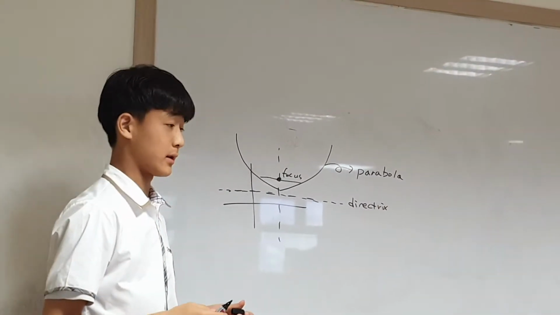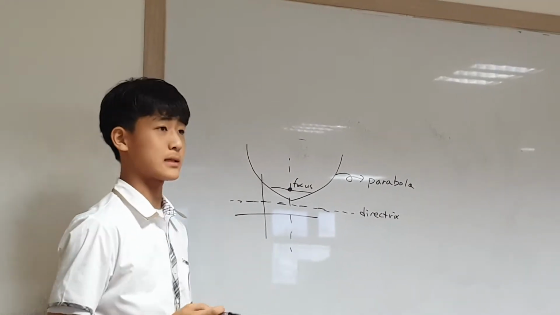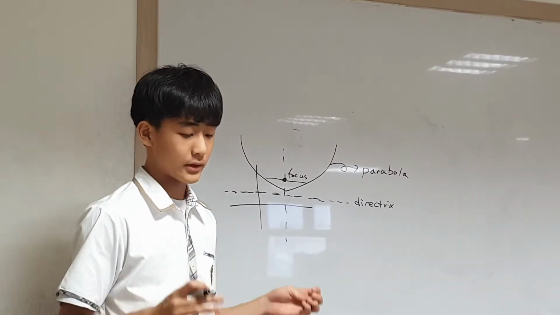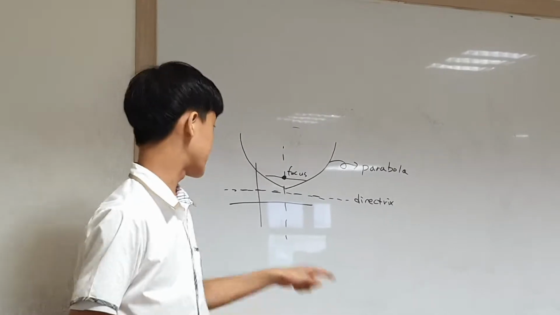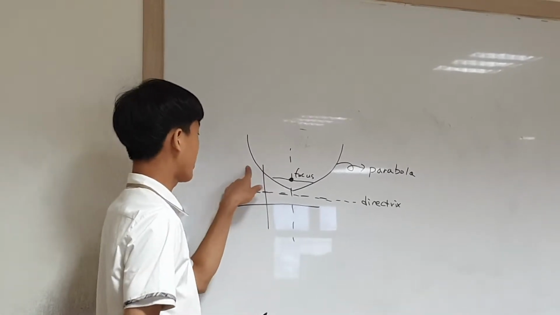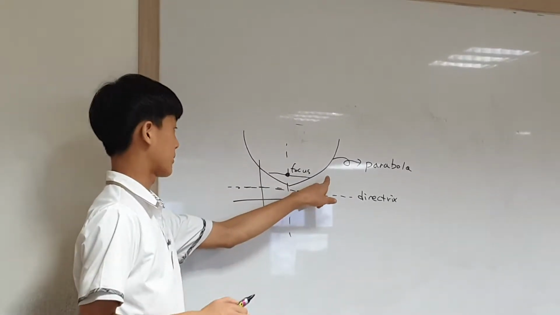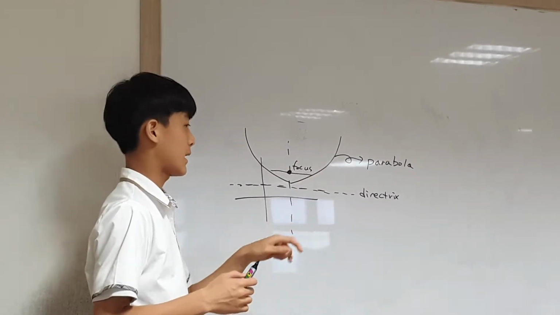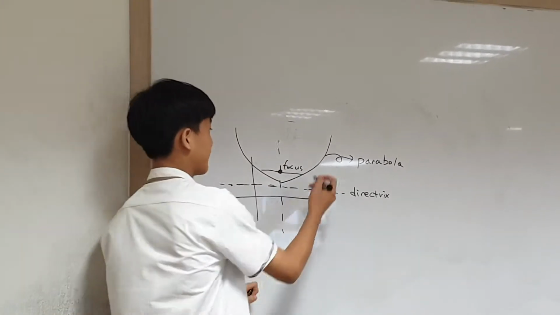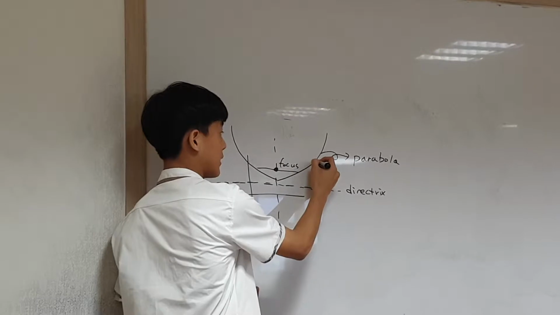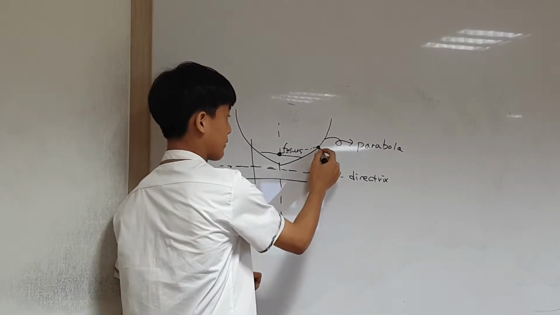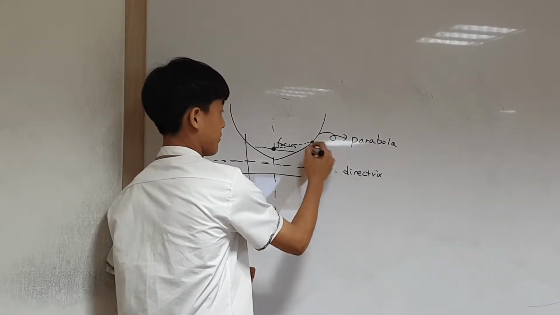If you want to know what a parabola is, like Seungjin said, it's the set of all points in the plane that are the same distance from a given point called the focus and a given line called the directrix. So every single point on the graph of the parabola has the same distance to the directrix and to the focus. For example, if you take one point on the parabola, the distance between the focus and this point and the distance between the directrix and this point is the same.